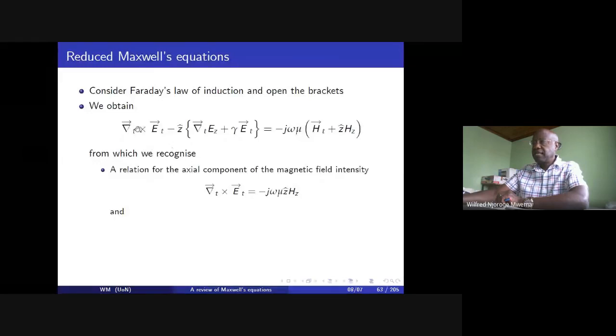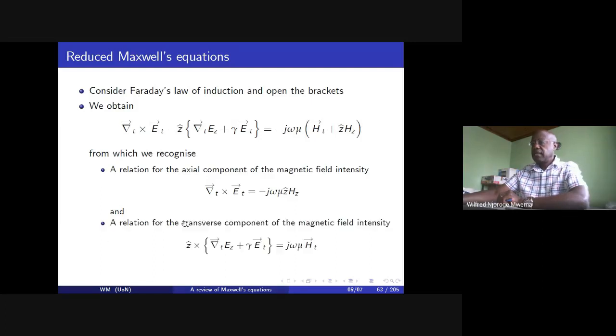And therefore, since E transverse is in the transverse plane and del T is in the transverse plane, the normal vector to that plane is therefore the Z. And therefore, we can see that this particular component can only be equal to the axial component of H of Z. And therefore, we see that the transverse curl of the transverse component of E is equal to minus J omega Z cap and H of Z.